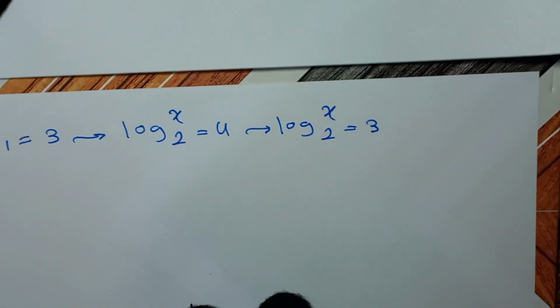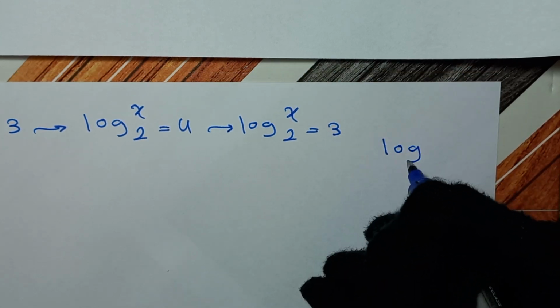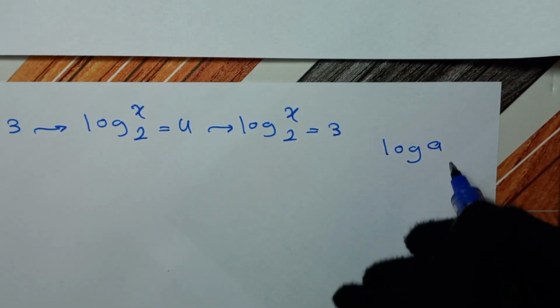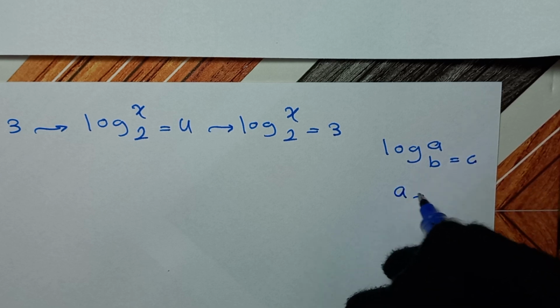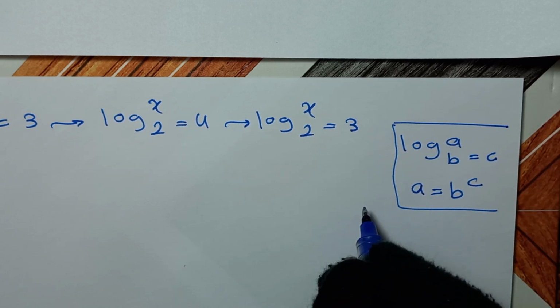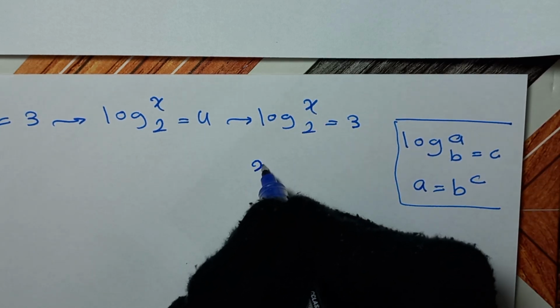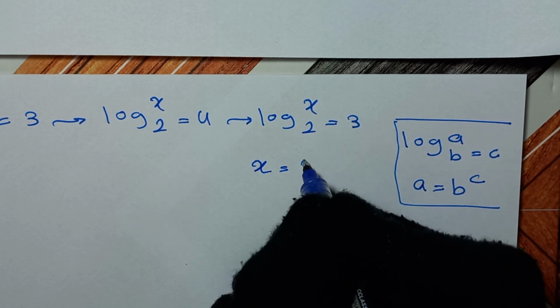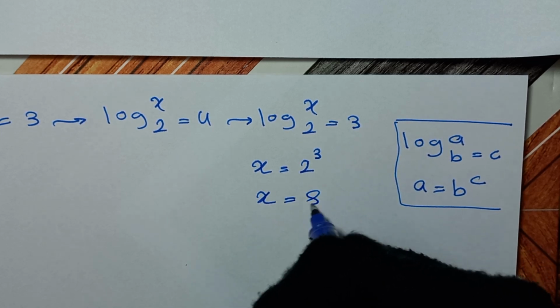And from log rules, if we have log of a to base b is equal to c, from here a is equal to b to the power of c. So in here we have log of x to base 2 is equal to 3, so x is equal to 2 to the power of 3, and from here x is equal to 8.